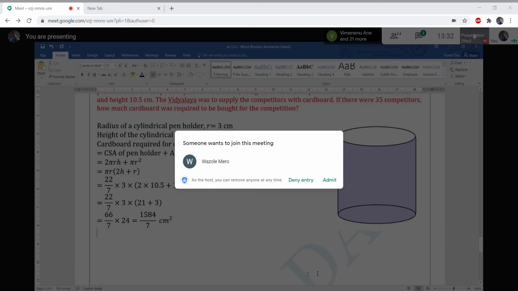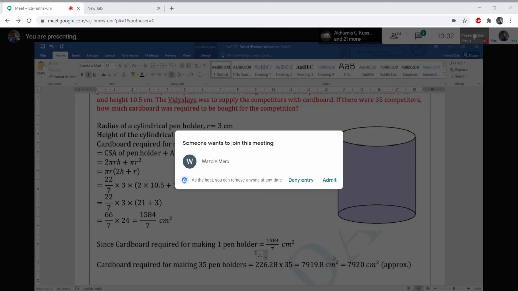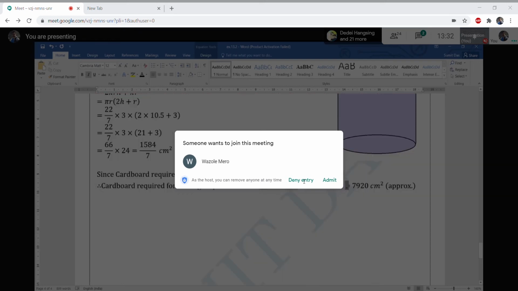So how much cardboard will be required? We have to multiply this with 35, and here 7 and 35 can be cancelled, so we will not multiply now. Since the cardboard required for one pen holder is this, therefore the cardboard required for 35 pen holders is equal to this into 35.